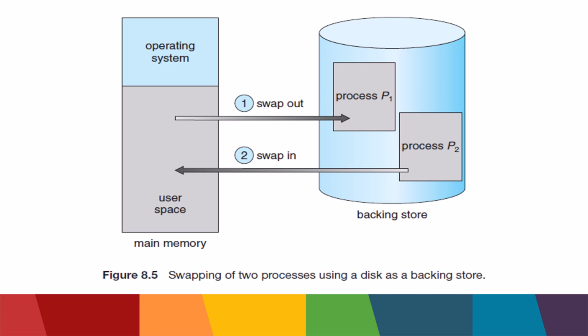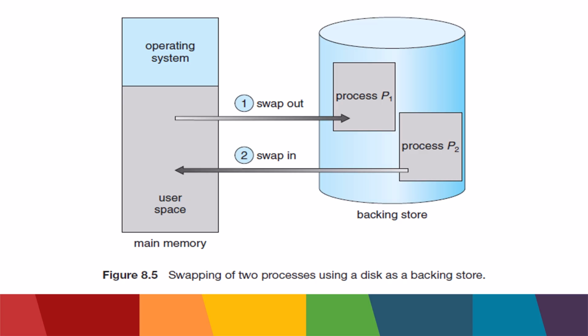On the right side, we see a backing store, which is usually a hard disk or SSD. This is where processes are stored when they are not actively running in main memory. Now, look at the arrows. The first arrow is labeled swap out.